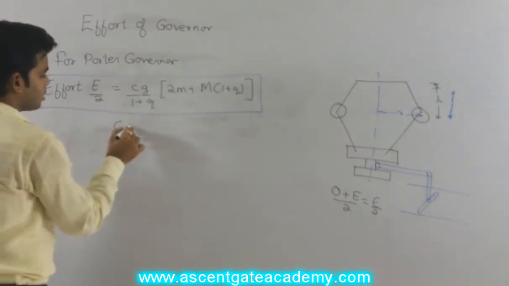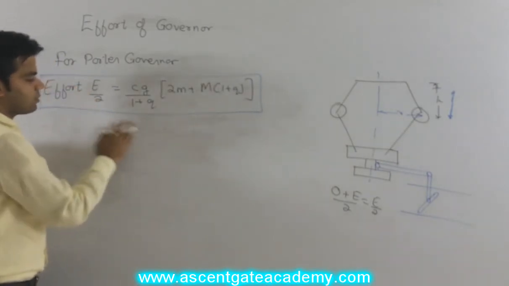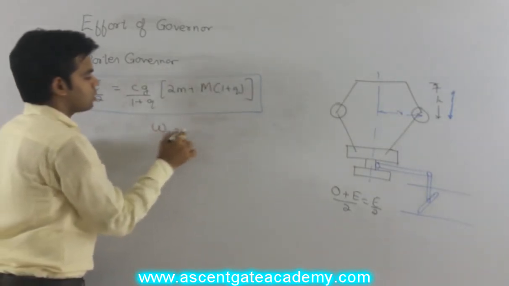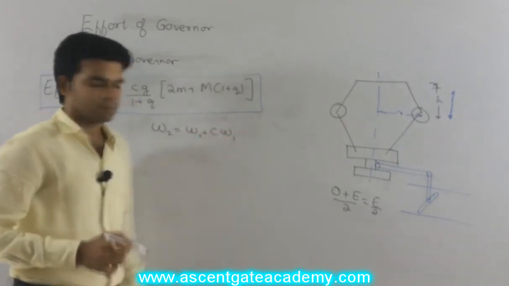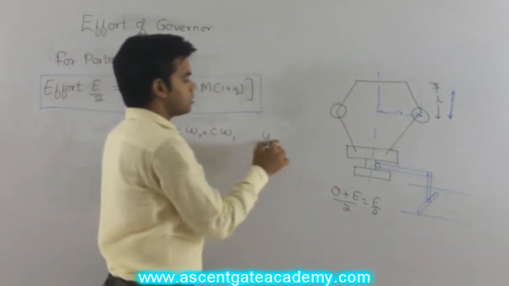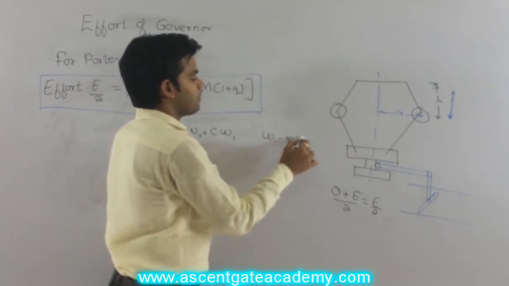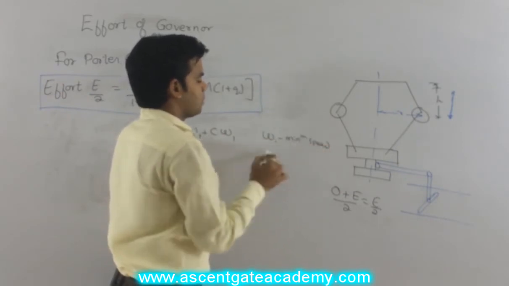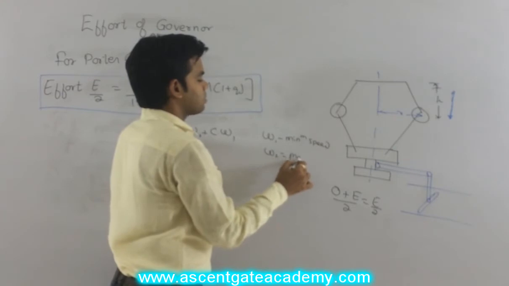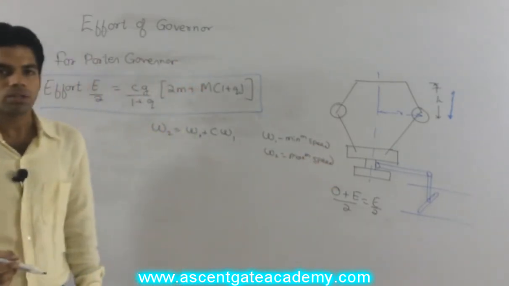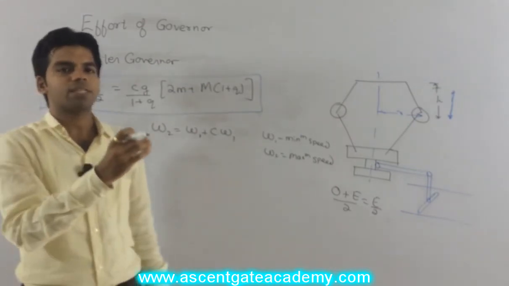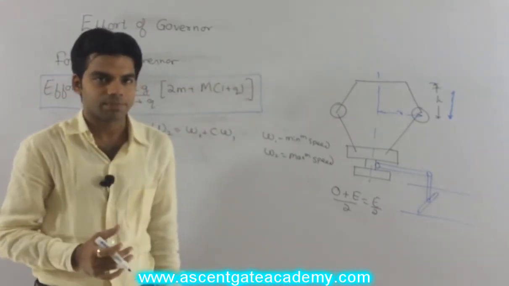C is defined like this: omega 2 is equal to omega 1 plus C into omega 1, where omega 1 is the minimum speed and omega 2 is the maximum speed. So C is the factor by which the speed is getting increased.